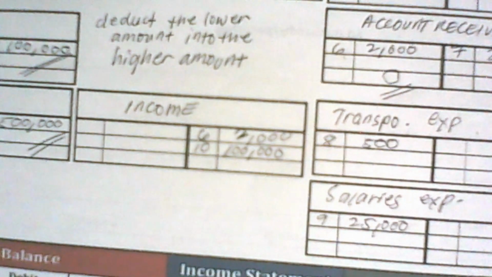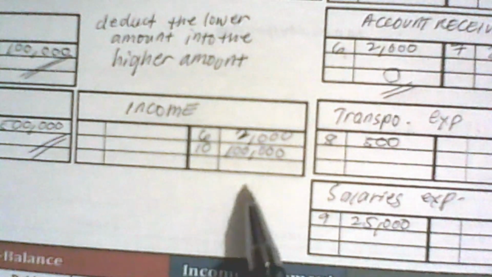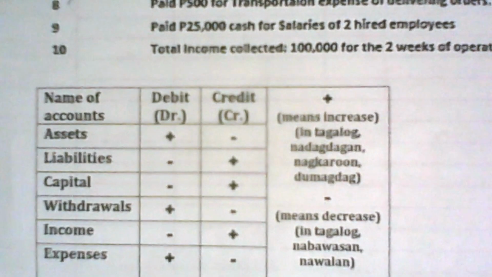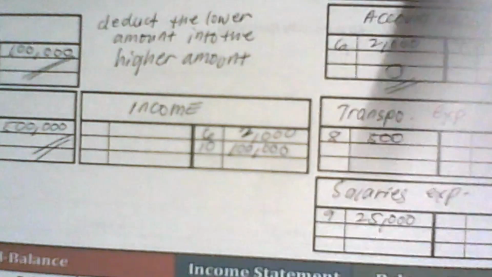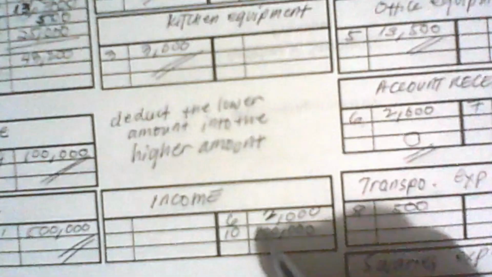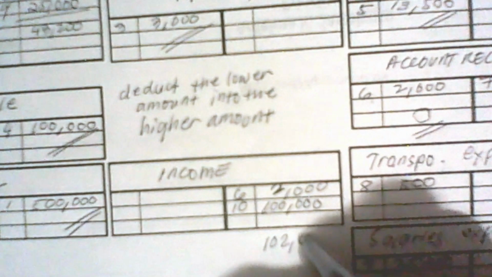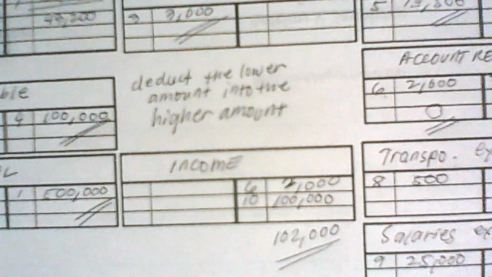It means the final balance of our income is 102,000, and we need to record the 102,000 at the credit side because the normal balance of the income is at the credit side. Okay, so 102,000. We are done with the income.